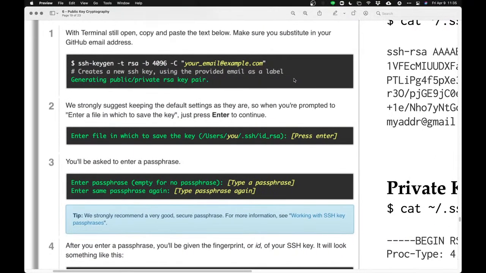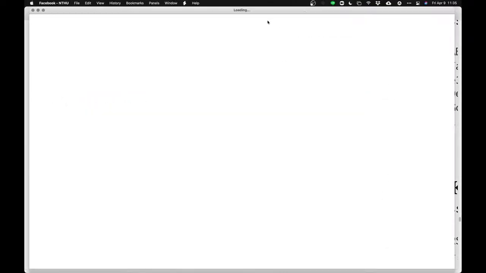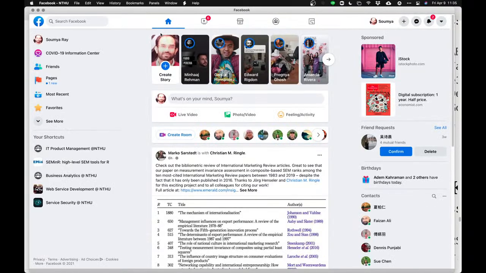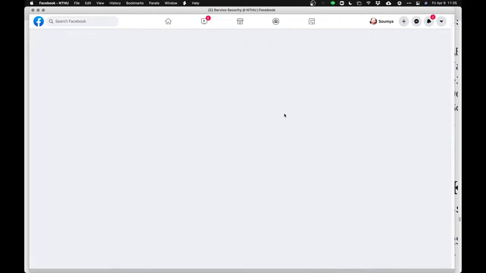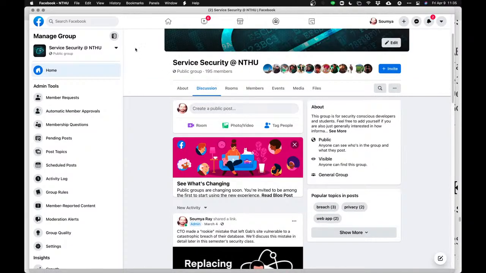Okay, I will mention something, and I believe it's on Facebook. If you go to Facebook, that's the place to go for security, huh? But we can go to our security page, and somewhere here you have to search it.